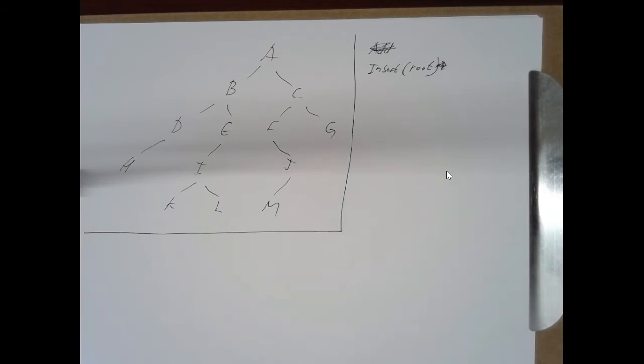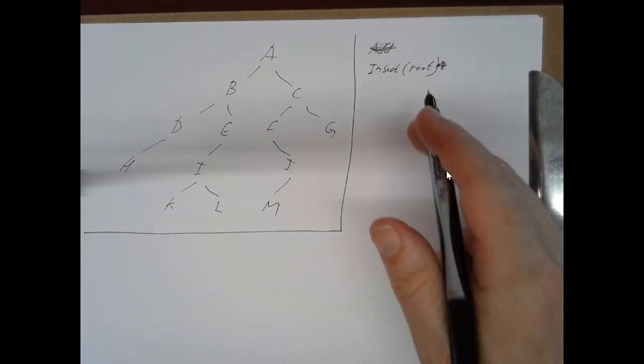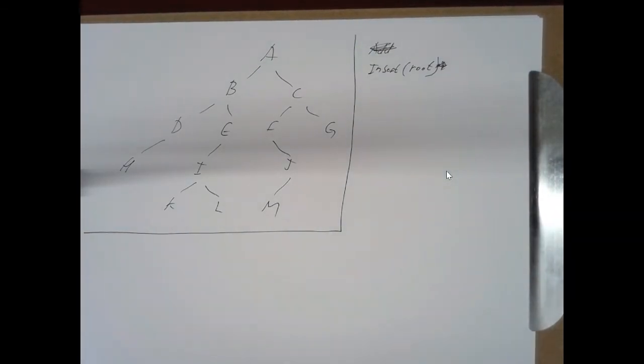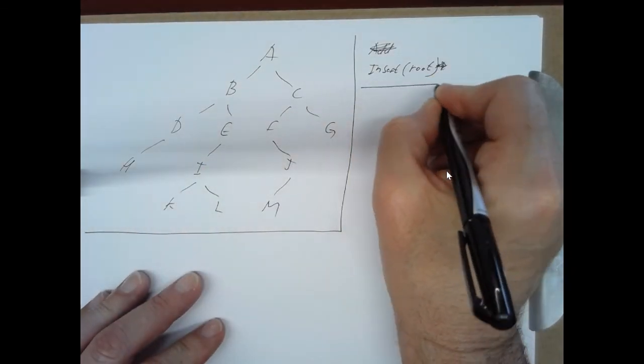So your queue is going to be a linked list where the data part is a struct node, and then the next part is a pointer to a struct q node. So this is a struct t node, but we'll just call it root for now. So insert the root into your queue, and now we begin a loop.